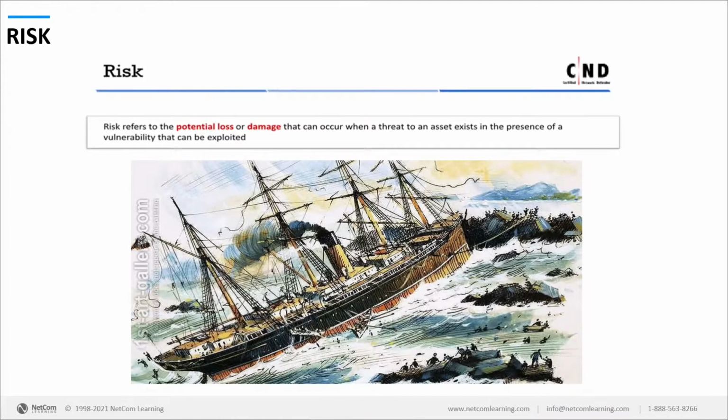Naturally, if you don't know what the risks are, if you haven't charted it out, haven't explored, then the probability of crashing into them is going to be much higher. The more information and knowledge you have of the potential, the less risk you would have. So risk refers to the potential loss or damage that can occur when a threat or an asset exists in the presence of a vulnerability that can be exploited. Okay? Great definition.